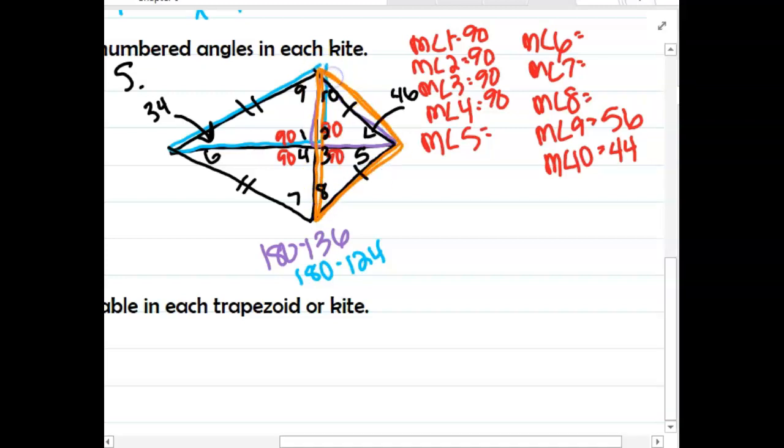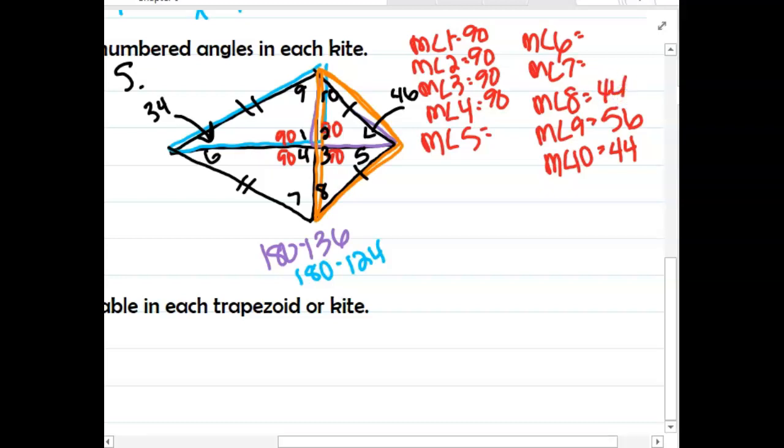Okay, so you see this triangle right here? That's an isosceles triangle. Do you remember what we know about the angles opposite the congruent sides? Remember? The angles opposite the congruent sides are congruent. So if angle 10 is 44, guess what angle 8 is? 44.